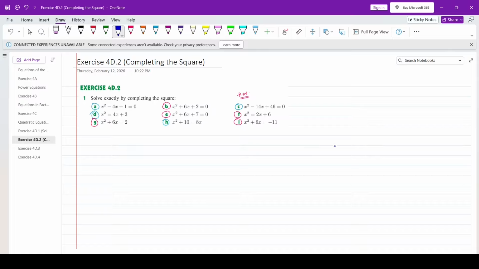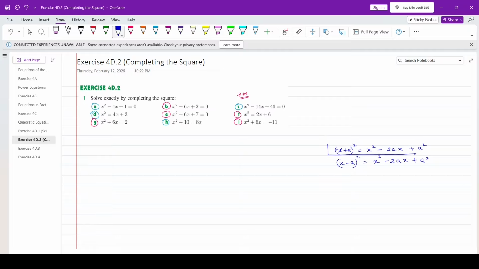So completing the square is based on these two formulas. x plus a whole square is equal to x square plus 2ax plus a square, and x minus a whole square is equal to x square minus 2ax plus a square.